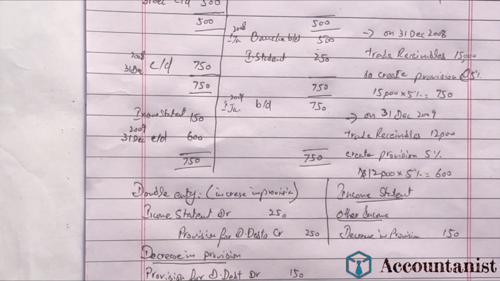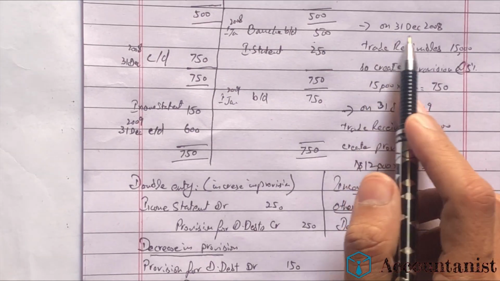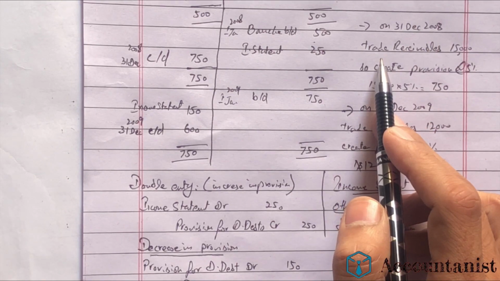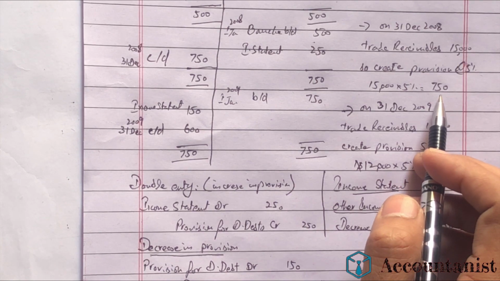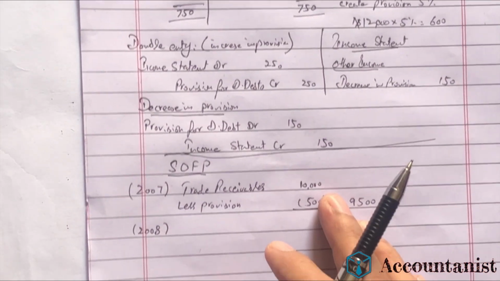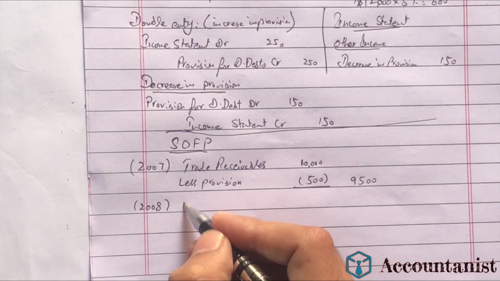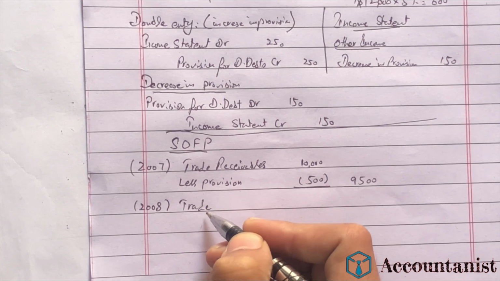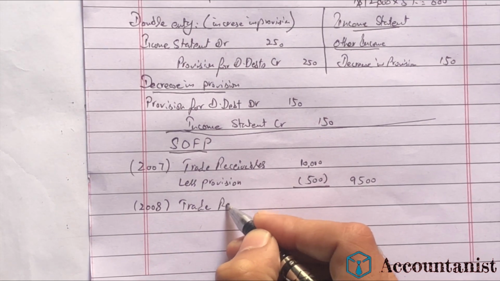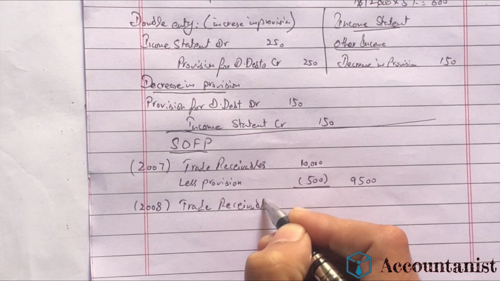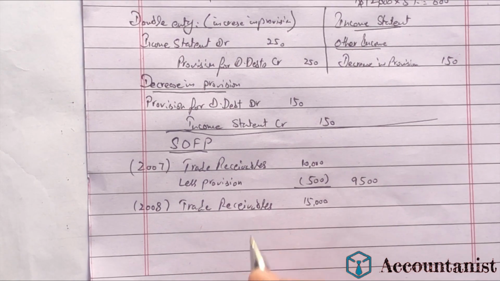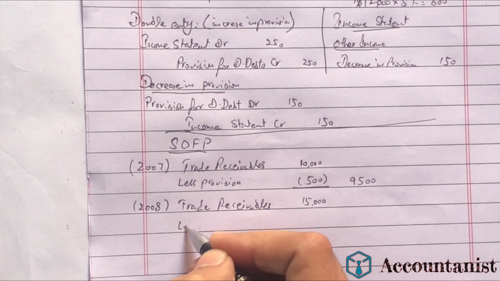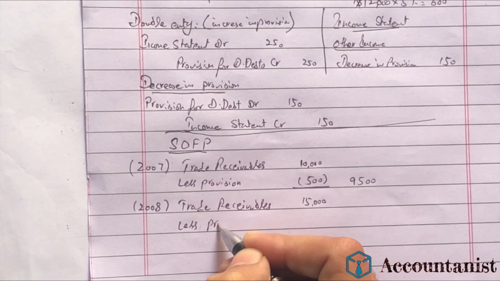Moving on, in 2008, if I come here, yes, so on 31st December we have receivables of 15,000 and applied the percentage of 5% to get the provision of 750. So we'll write down here trade receivables, $15,000 in the current asset section, and we'll deduct the provision.